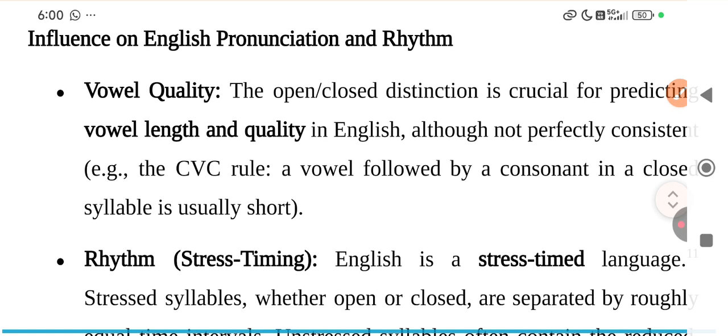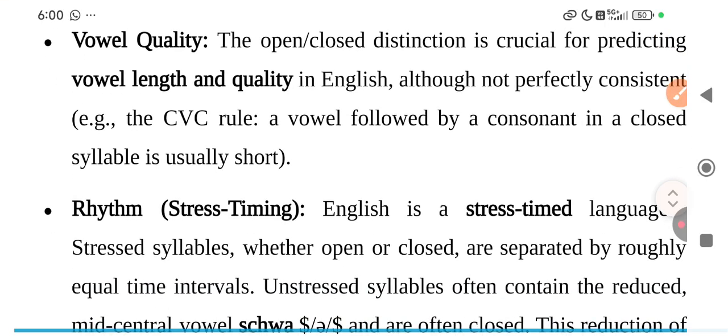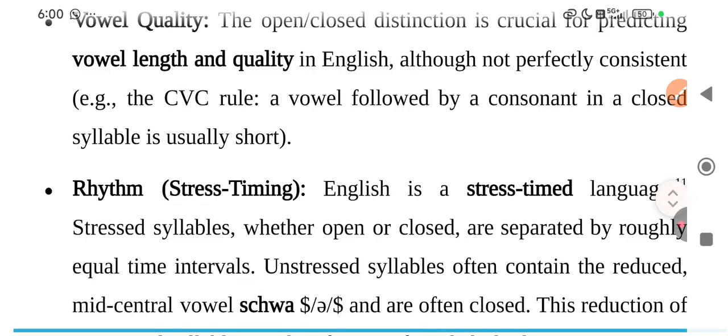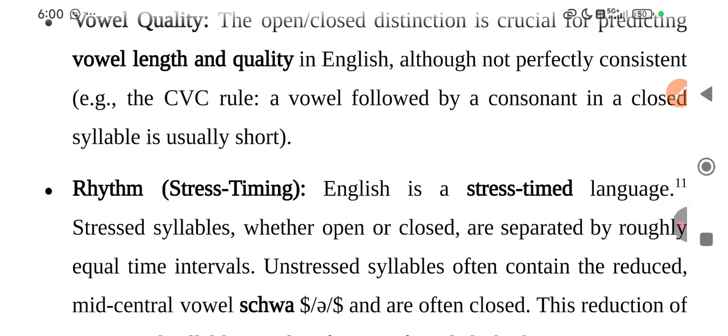Now, influence on English pronunciation and rhythm. Vowel quality: the open and closed distinction is crucial for predicting vowel length and quality in English, although not perfectly consistent.